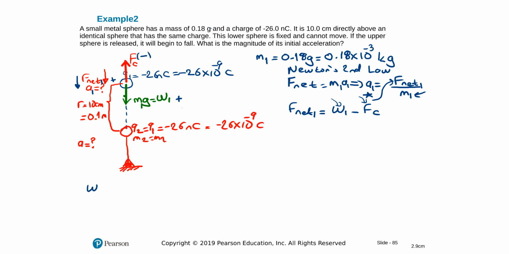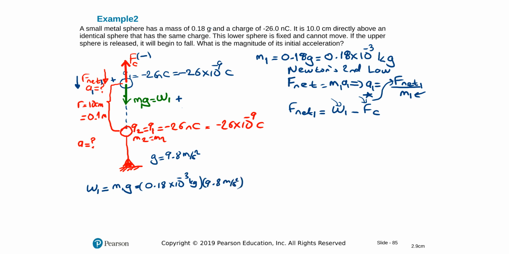It's the gravitational force between the mass 1 and the Earth, m1 g. We all know what g is, 9.8 meters per second squared. I took down as positive, so it will be positive in my case here, and I'll put the values in. m1 was 0.18 times 10 to minus 3 kilogram, and g is 9.8 meters per second squared.